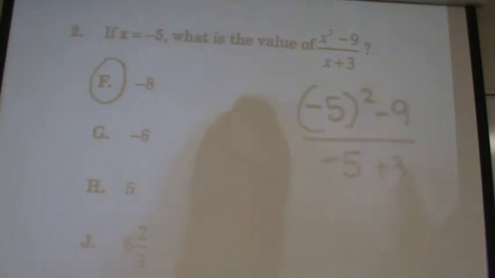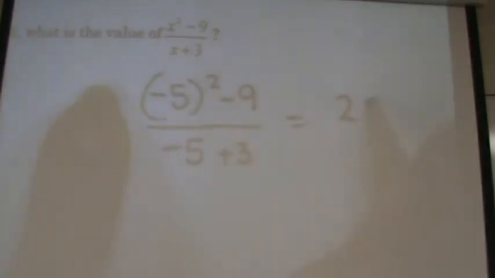Number 2, what'd you get for an answer? A. How do you do this one? This is evaluating for -5, so -5 squared minus 9 over -5 plus 3.